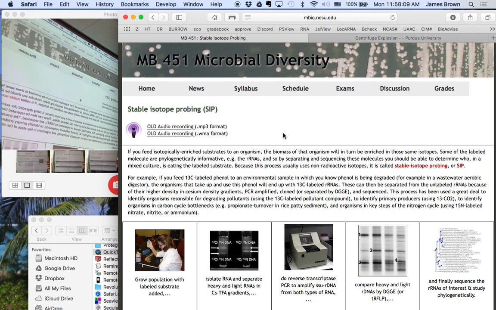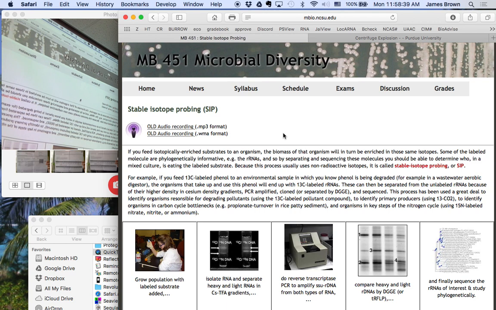And they build up biomass, and that biomass comes from the food they're eating. And so before too long, the proteins, the fats, the nucleic acids in that organism start to accumulate C13. Those molecules do have phylogenetic information. And so, for example, you can take the ribosomal RNA from those organisms and you see that they're labeled in C13.